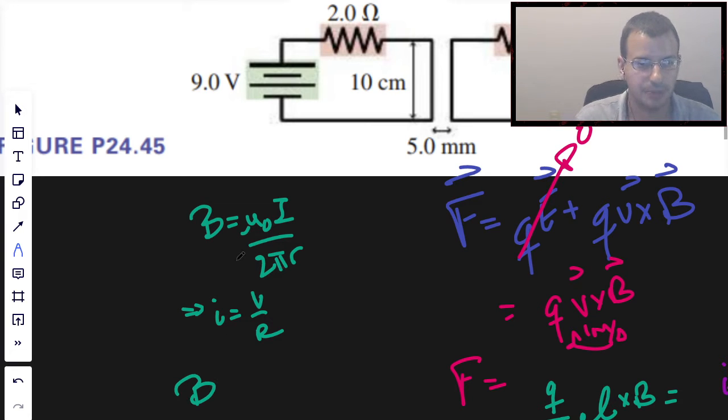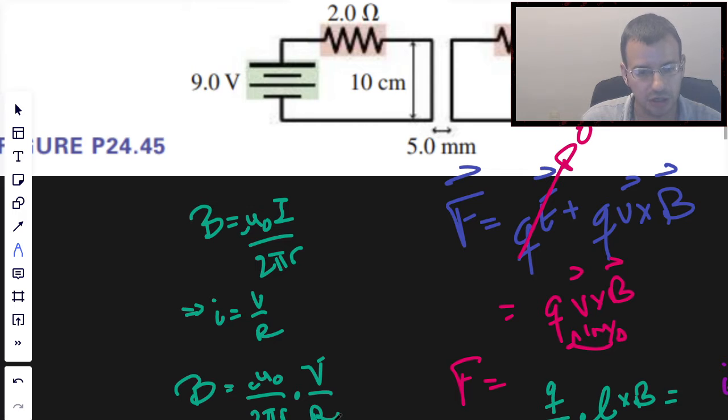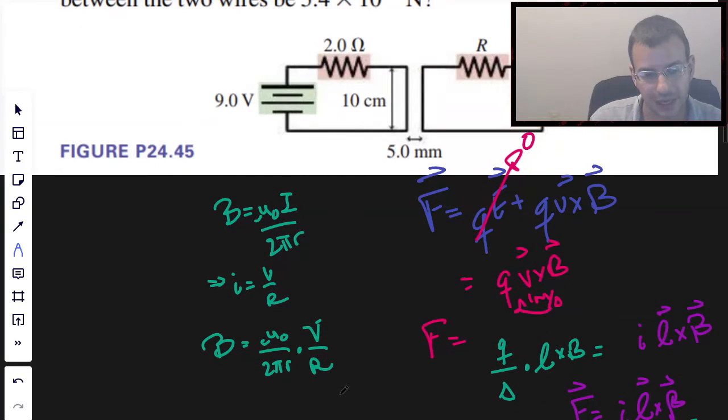Magnetic field created by that wire is going to be mu naught over 2 pi r, and I'm going to use a small r for the distance and the big R for the resistance, so we'll try not to get too confused. V over R. We're told that little r is 5 millimeters, so 5 times 10 to the negative third. We know that big R, resistance, is 2. We know that voltage is 9.